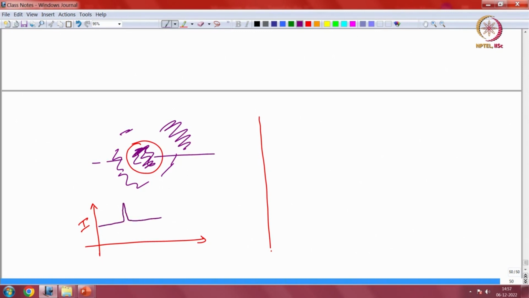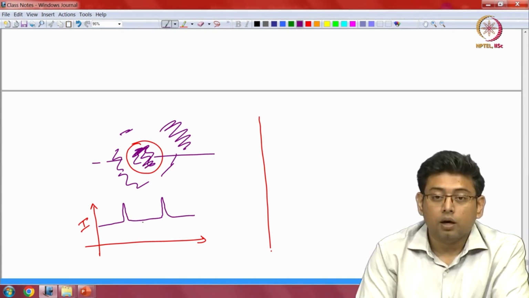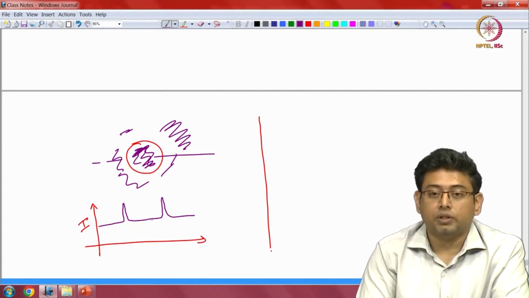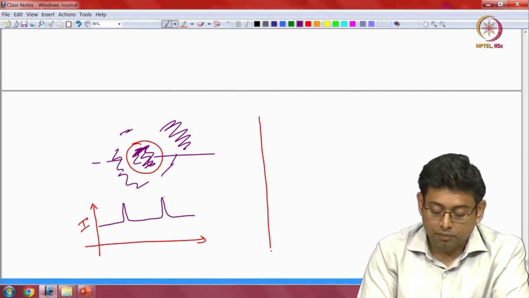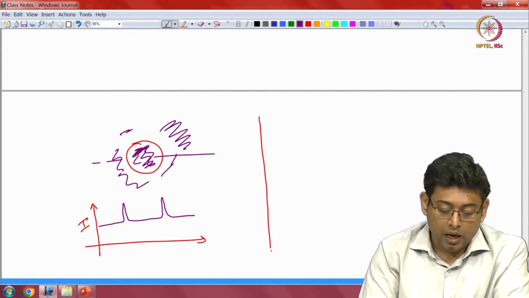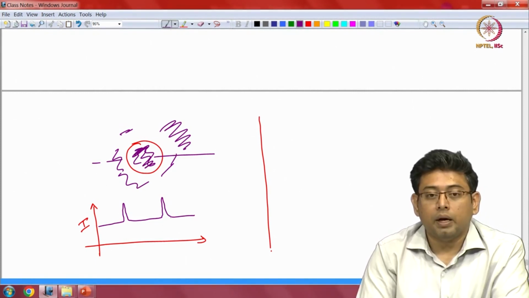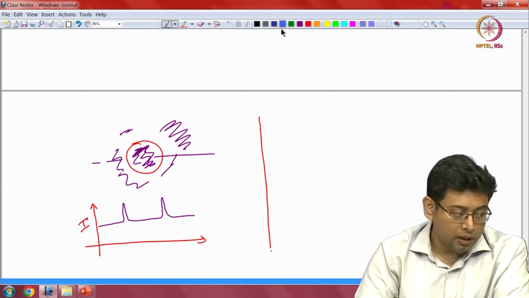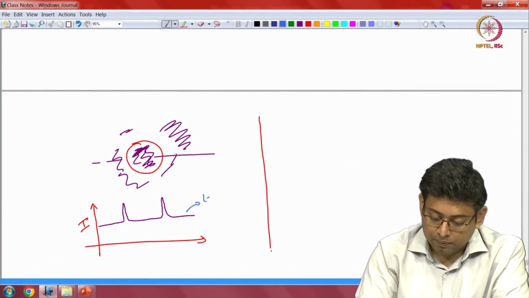If you take a cut, the intensity can look something like this. The periphery is very clear, and you can have a signal something like this, where in the middle of the particle there is not much of a signal, and the major signal comes from the periphery of the particle. This is a case where there is not much noise, so this is a low noise signal.